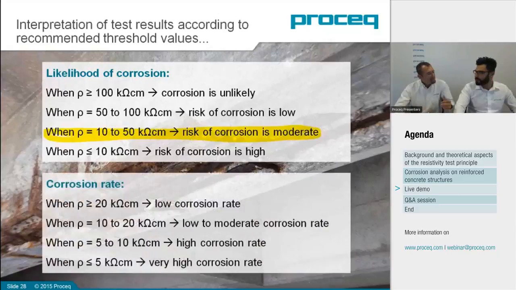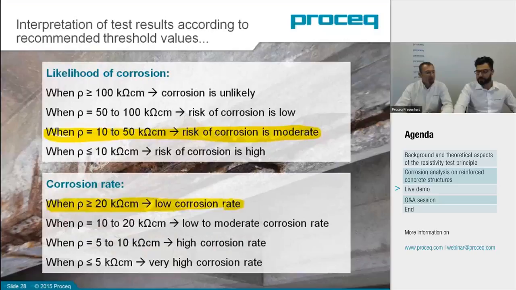Same thing, well, let's say that this building is already old, there is already visible rust, something is already happening, then I can provide an estimate of how fast corrosion is going today. Well, today in that structure, we may assess that we have a low corrosion rate.